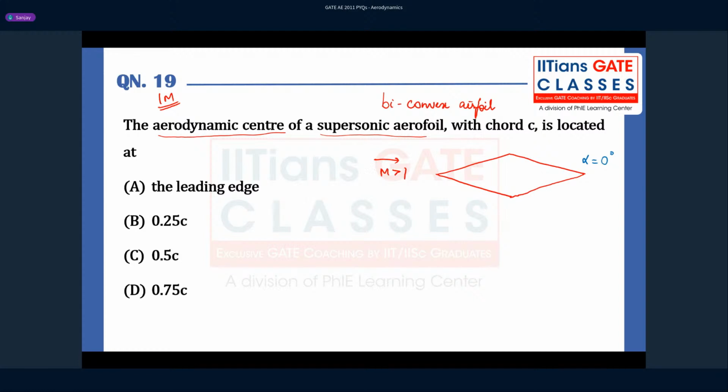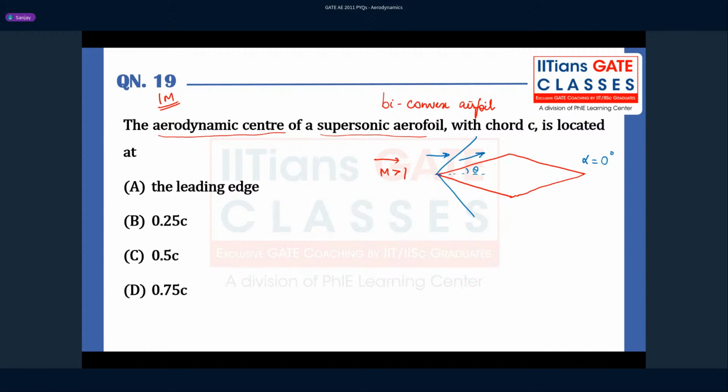Because you have a supersonic flow, you will have an oblique shock like this, because the supersonic flow is now encountering a compression corner with some angle theta. So the flow comes like this, encounters an oblique shock, and the flow will deflect.